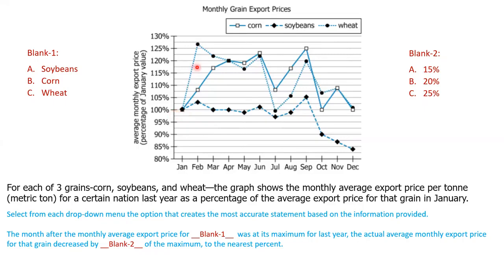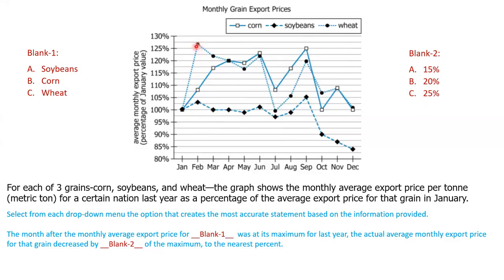For example, if we look at wheat, the way you interpret this is that if wheat's export price in January was $100 per ton, I'm just giving a value, then its export price in February became around $127 per ton.